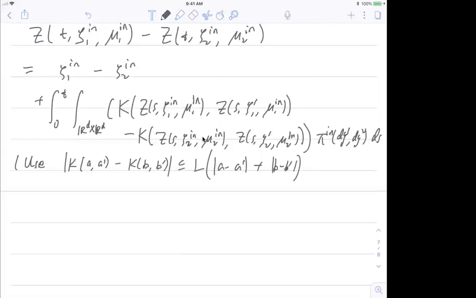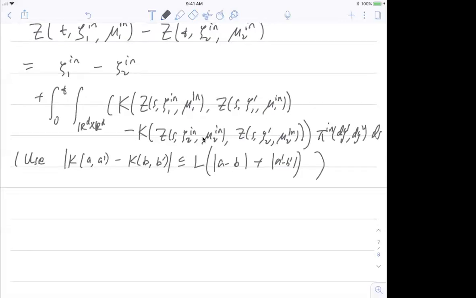It's a very easy observation, just using the Lipschitz property of k. Plug in one term and you can get that. Maybe I should change it a little bit, it's my fault: a minus b, a prime minus b prime.